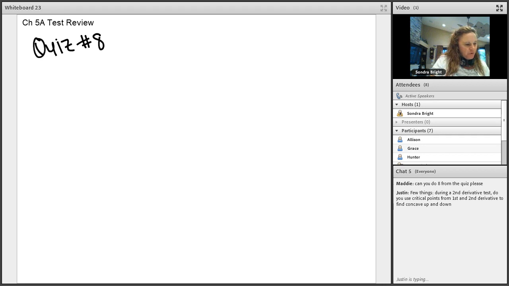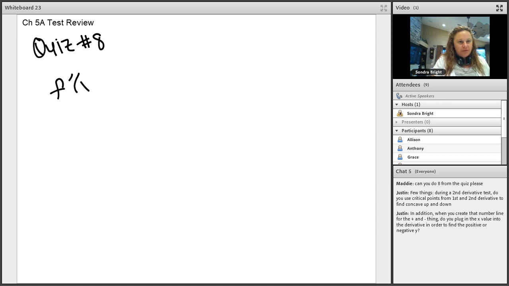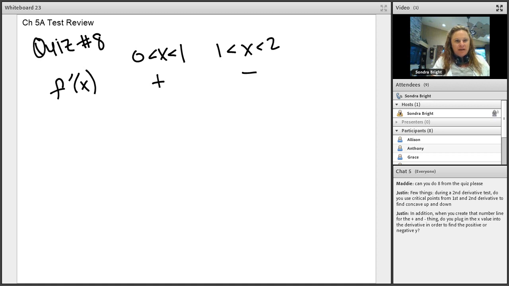And so, what do we have? We've got down at the bottom, you got 2 tables, right? So I would start by looking at the table for f prime of x. I'm looking at the bottom table, and it says for when x is between 0 and 1, you've got positive, and then between 1 and 2, you've got a negative, and between 2 and 3, you also have a negative.